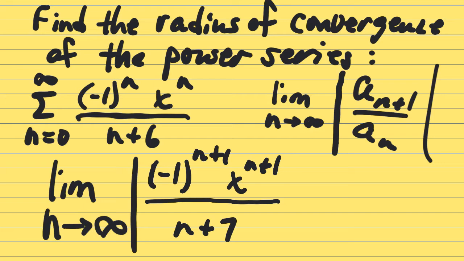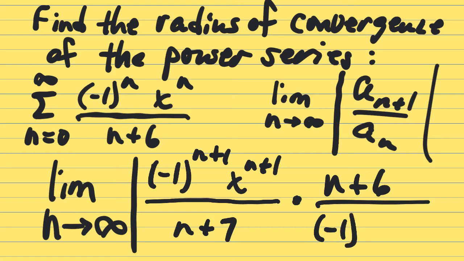Because remember, dividing by a fraction is the same as multiplying by its reciprocal. So I'm just going to copy the original problem upside down. I just run out of room to make a complex fraction, so that's why I'm doing it this way. And close off the absolute value. So we've got the n plus 1 term divided by the original, but of course I wrote it as times the original flipped.